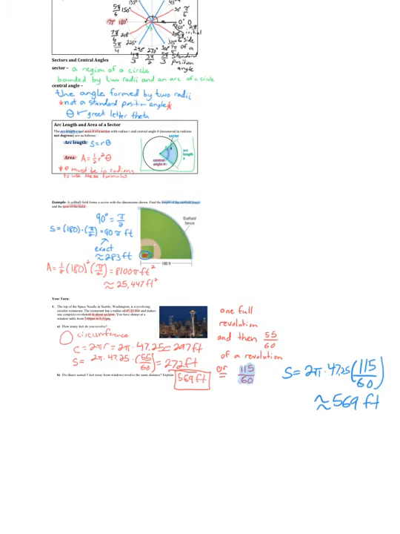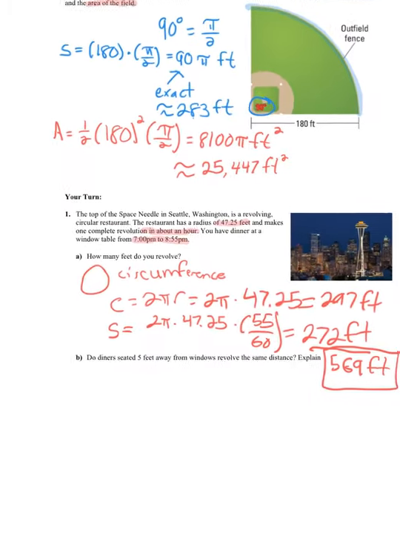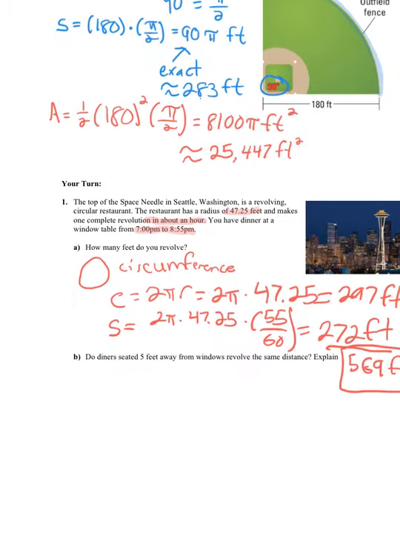Okay, for the last part here, part B, it says, do diners seated 5 feet away from windows revolve the same distance? If you're seated 5 feet away from the window, are you going to be closer to the outside or closer to the inside of the circle? The answer is going to be closer to the inside.